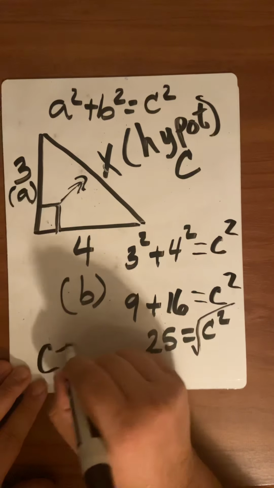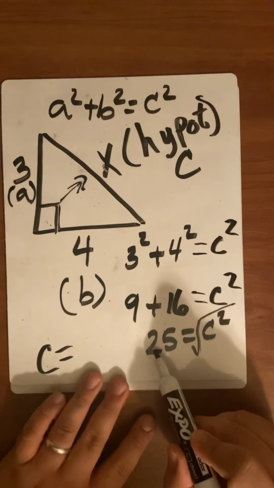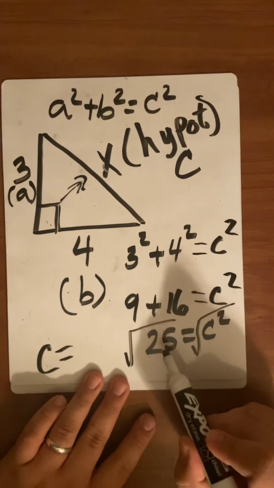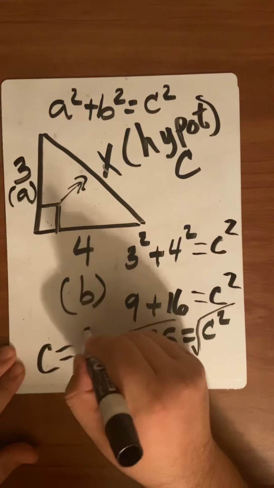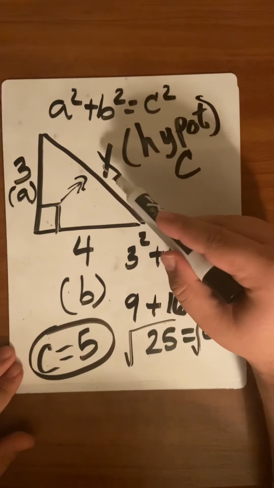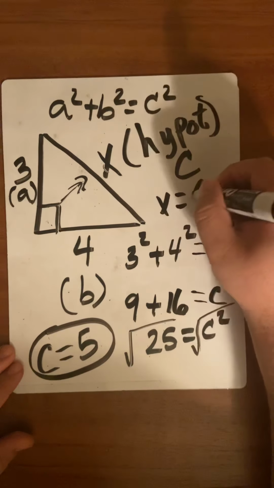Now if I do the square root of one side, I've also got to do the square root of this side. So the square root of 25, meaning a number times itself that will give me 25. The only one that will work out is 5. So for this problem, my answer would be 5. x is equal to 5.